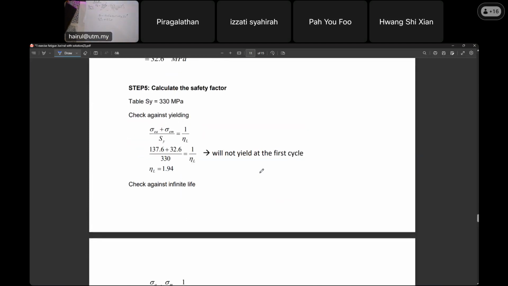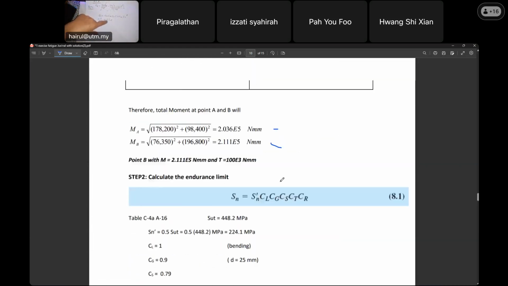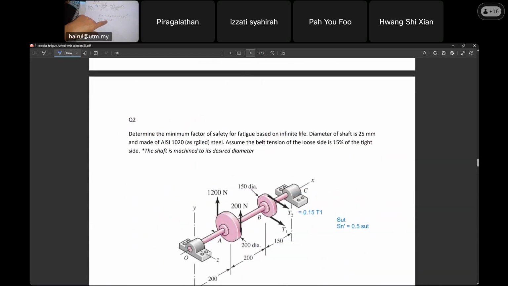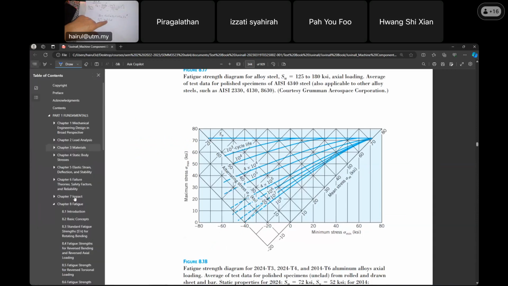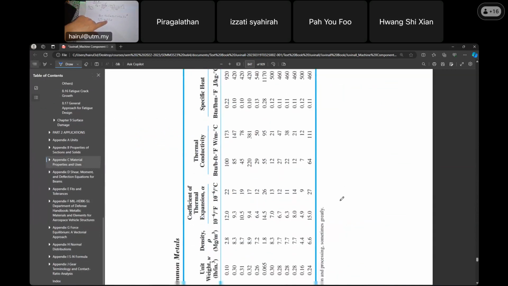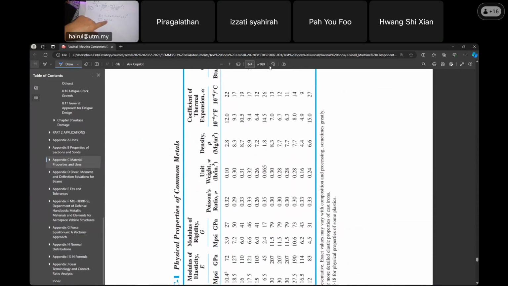Alright. So Sn prime is 0.5 SUT. In the question it is given that the shaft is made of 1020 S roll. If you look in the table properties book, appendix C, let me rotate it.